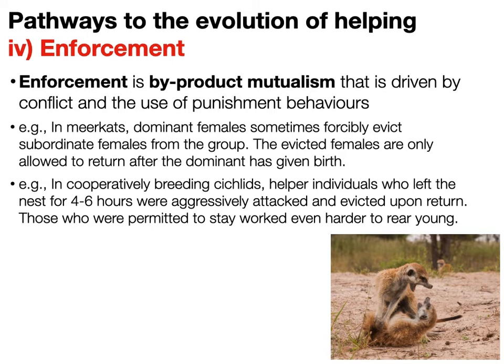Those who were permitted to stay, if the breeders did not completely evict the helper after it returned, worked even harder than they were before to help rear the young. So these are examples that these kinds of complicated punishment behaviors can exist in animals outside of our own humankind.